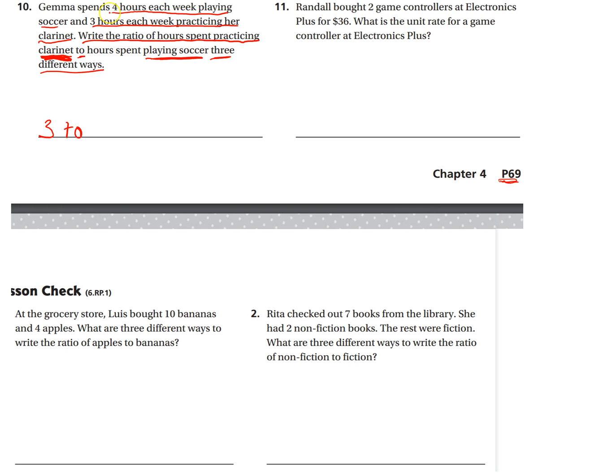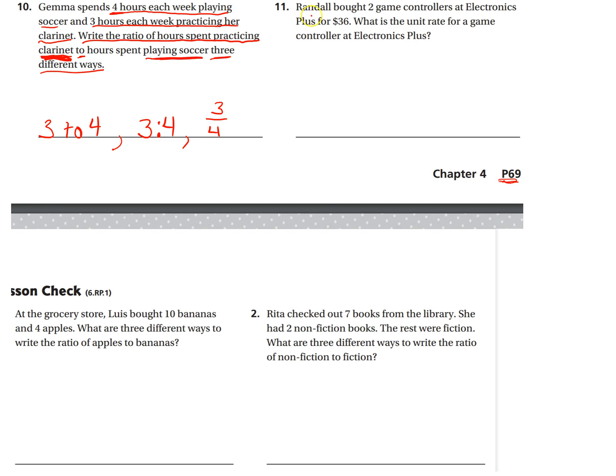Hours spent practicing soccer, that's my second number, 4. So that's one way to write it, 3 to 4. I can also write it 3:4. And then I can also write it as a fraction with the first number becoming my numerator, 3/4.